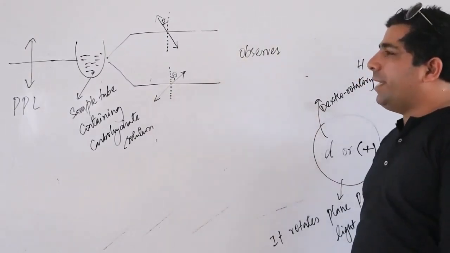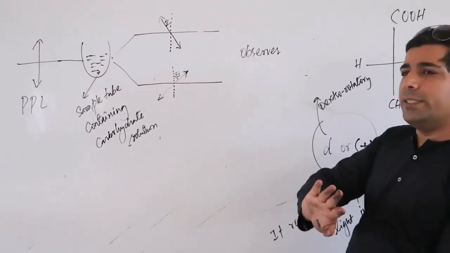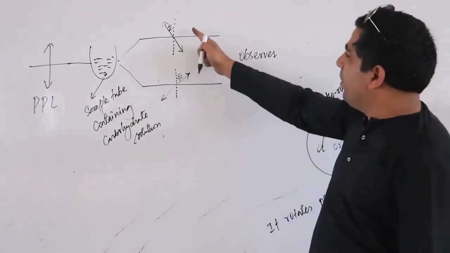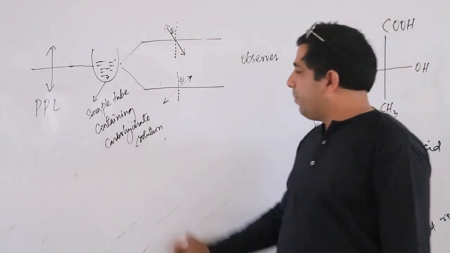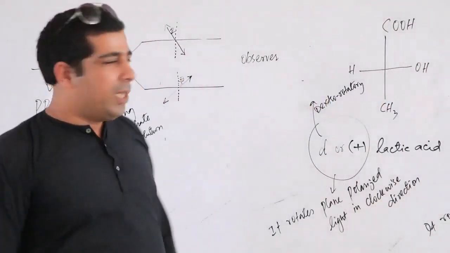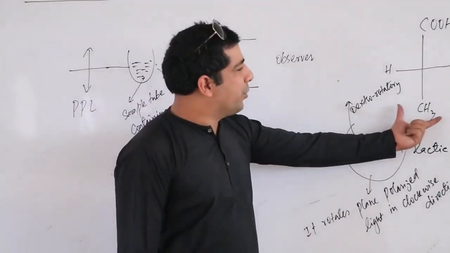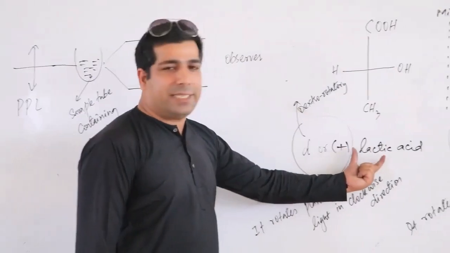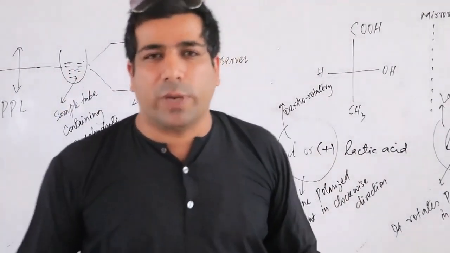If I look at this light and see it has bent left, so anti-clockwise. So that means this will be your D and this will be your L. This will be plus and this will be minus. But depending on the carbohydrate, if in place of this carbohydrate I place this molecule, plus lactic acid, then what will happen? Light will be only rotated clockwise.